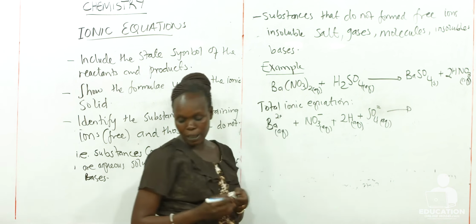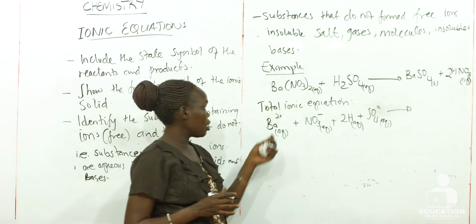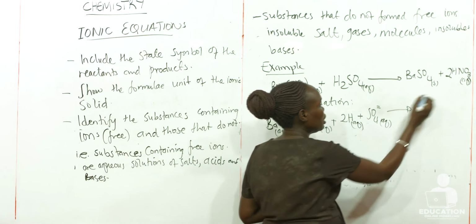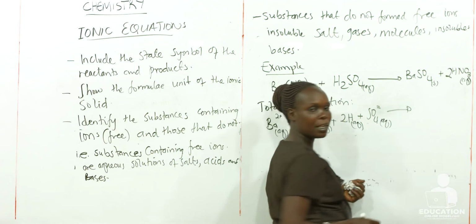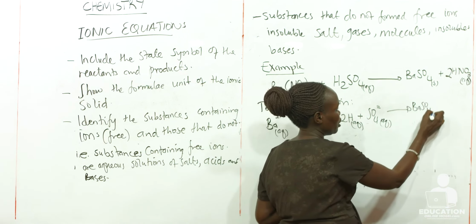All these substances can dissociate to form ions. Why? Because they are all in aqueous solution. What dissociates on this side is only nitric acid, and the other one remains as it is.